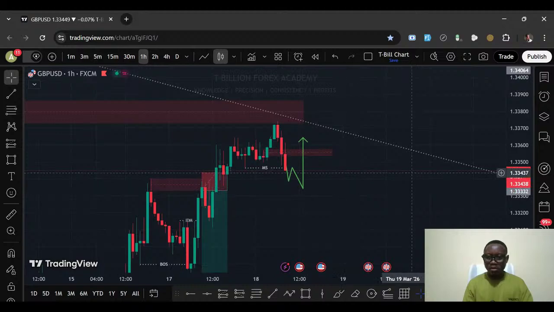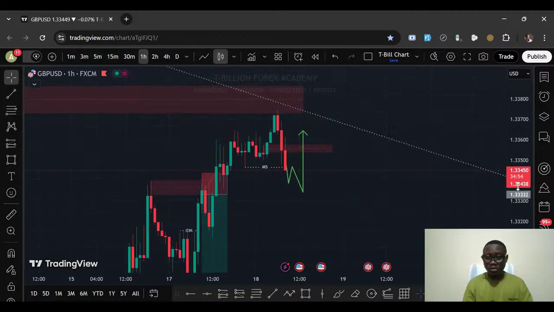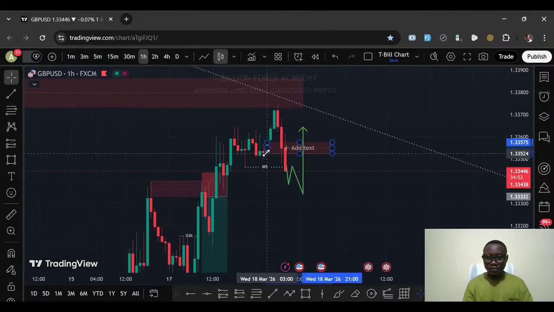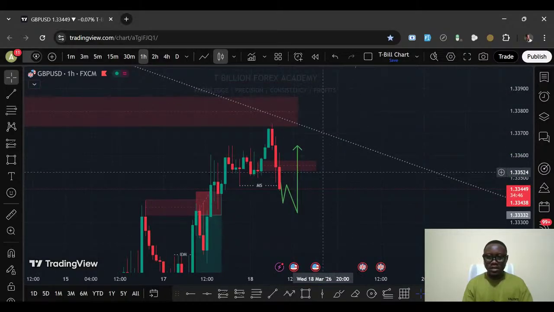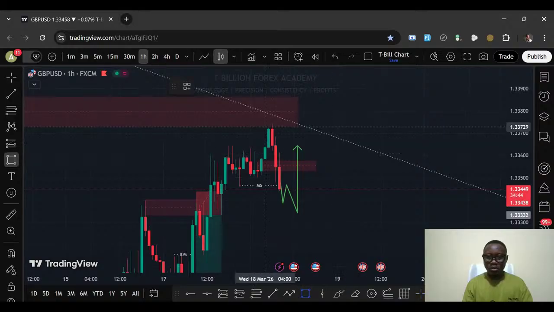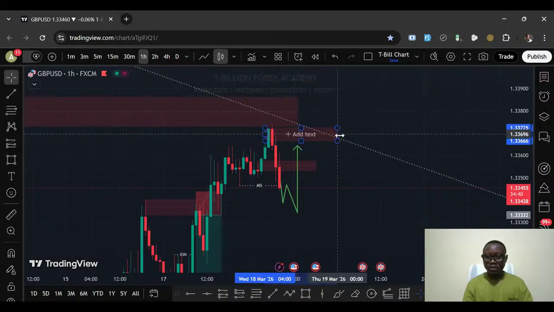This is our supply order block zone. So that's our breaker block. This is our breaker block right here, and this is our order block right here.